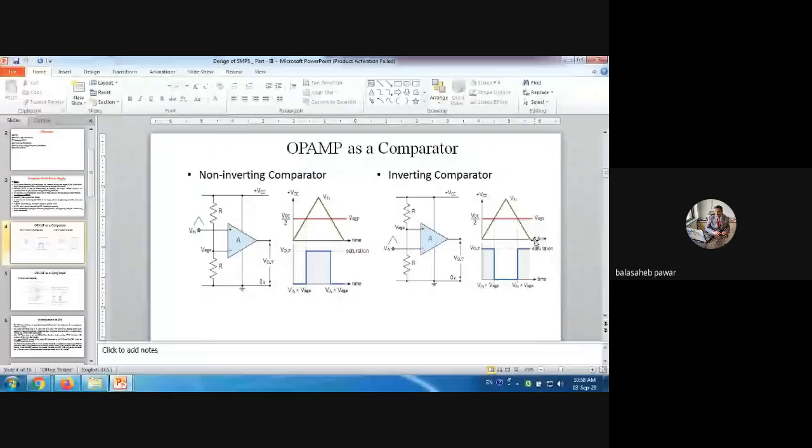Are you getting it about this inverting comparator? Yes or no? Yes, sir. During the same half cycle of that carrier, we can generate the 2 pulses.